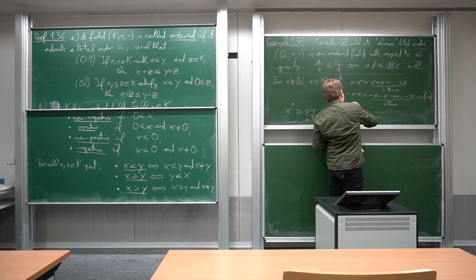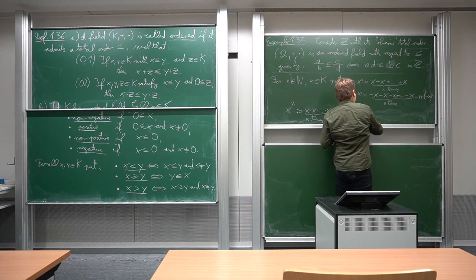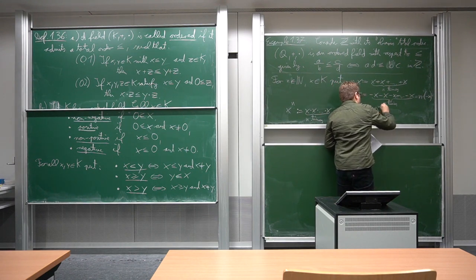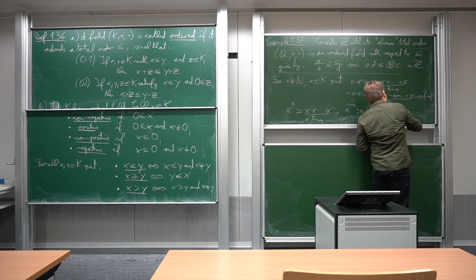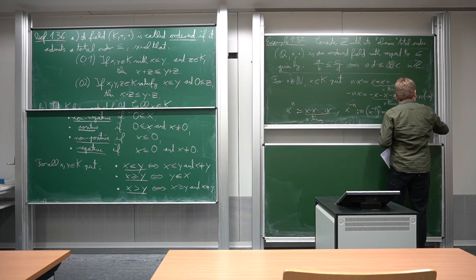And x to the minus n we can define simply by the inverse, x to the minus 1, to the power of n. Explicitly, this is x to the minus 1 times x to the minus 1 times, and so on.